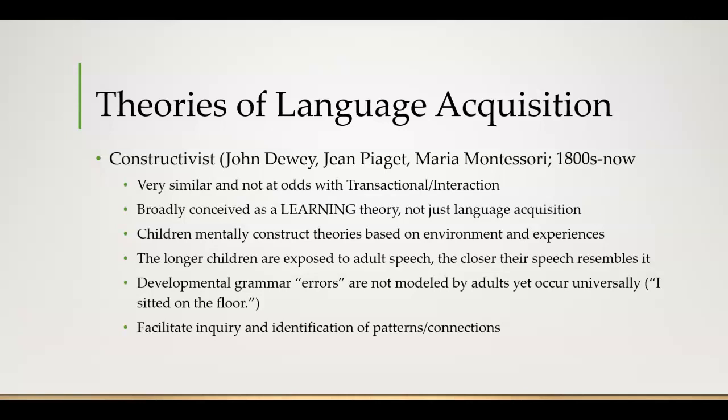These theorists identify the sorts of quote unquote errors that children have when they are developing language, and note that adults don't model those errors. So where are they coming from? It's clearly part of a process. An example is adding a past tense to an irregular past tense verb. Instead of I sat on the floor, I sitted on the floor.